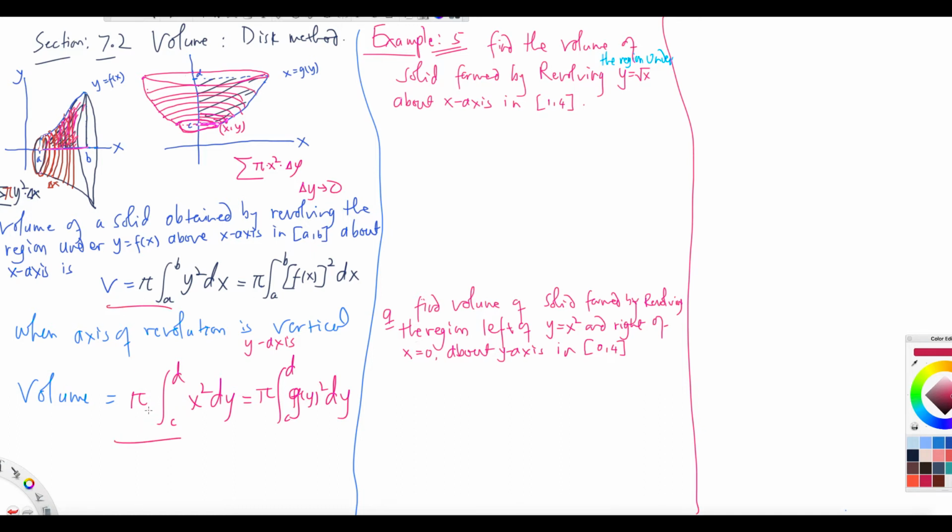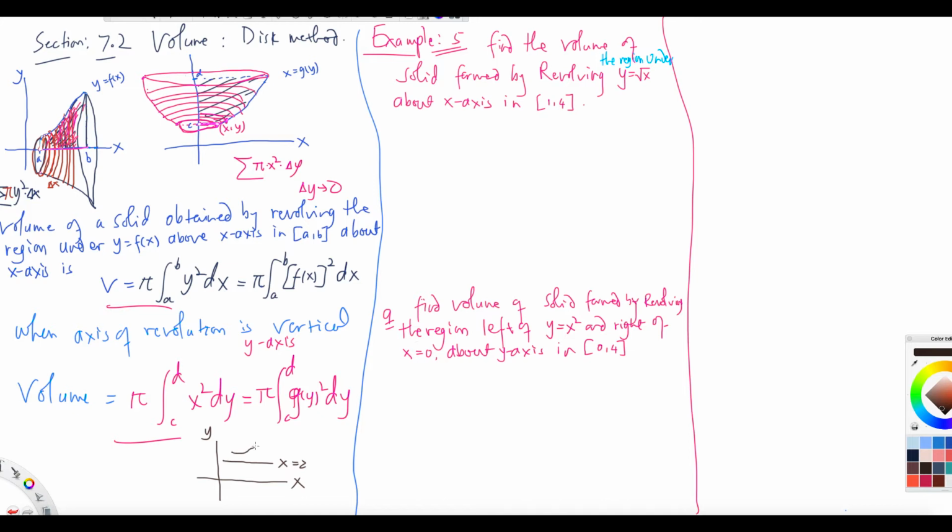Another thing: here we are revolving about the x-axis and y-axis. But instead of revolving about the x-axis and y-axis, you can revolve about a certain line. Suppose this is the x-axis, this is the y-axis, and suppose you want to revolve about, let's say, x equals 2.